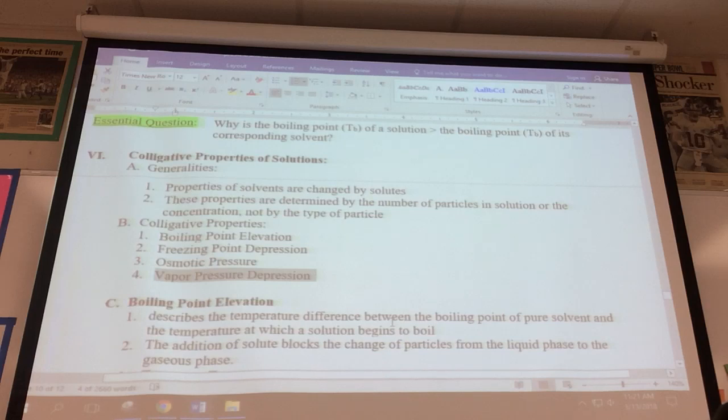This is an exceptionally bright class. You may want to explore it a little bit more. And that is based on mole fraction, and that's one of the reasons I showed you all the different ways that concentration can be expressed. We're going to focus on boiling point elevation and freezing point depression. Today we'll just do boiling point elevation and then just a wee little lesson on freezing point depression.